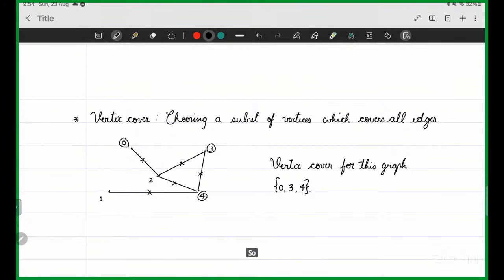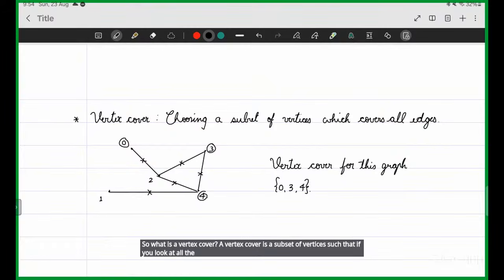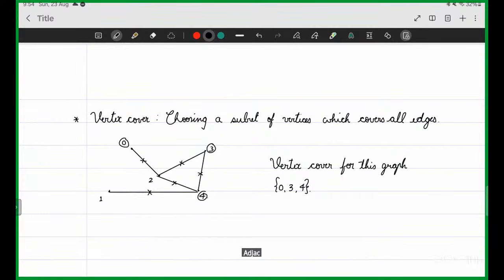So what is a vertex cover? A vertex cover is a subset of vertices such that if you look at all the edges which are adjacent to these vertices, meaning the edges of which these vertices are a part, then you will exhaust the entire edge set. So this is a vertex cover.